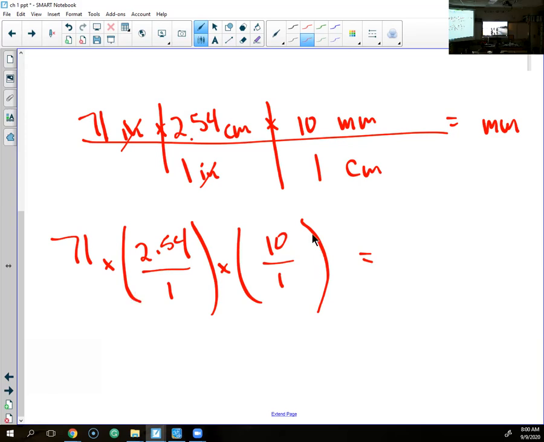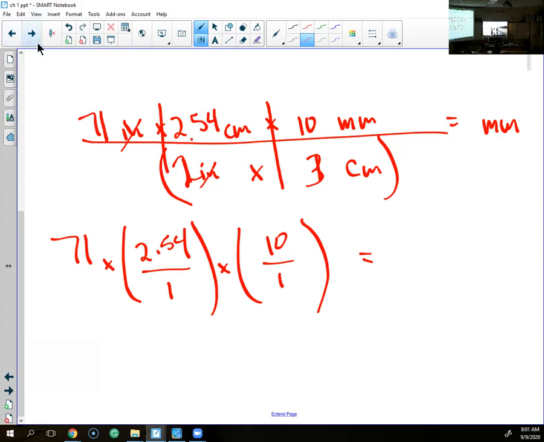So now, if there's a number on the bottom, you multiply all the top, you multiply all the bottom, and then divide the top by the bottom. If you have a calculator that has parentheses, just make sure that you put this in parentheses. Or for sure, you could do that in your head and just divide. But do not take 71 times 2.54, divide it by 2, multiply 10, divide by 3. It gets complicated and you'll get it wrong. So be careful on the math there.